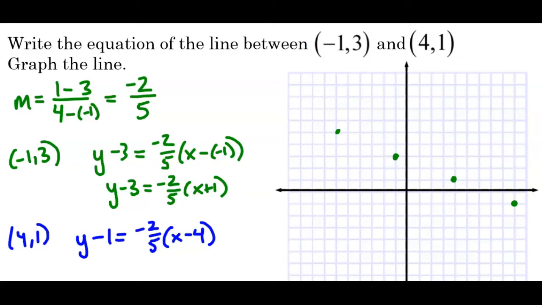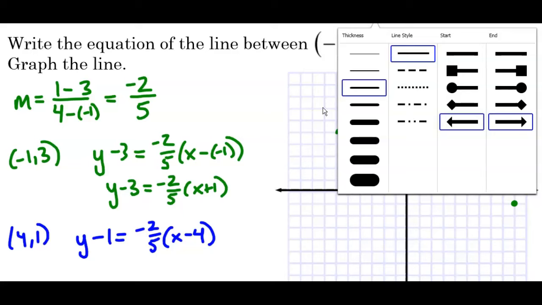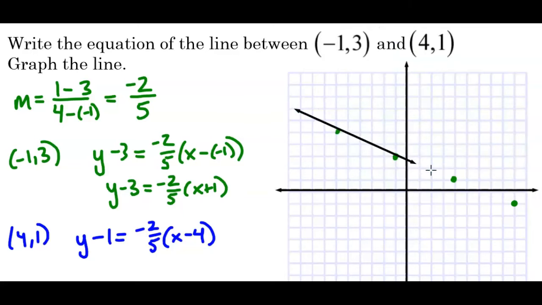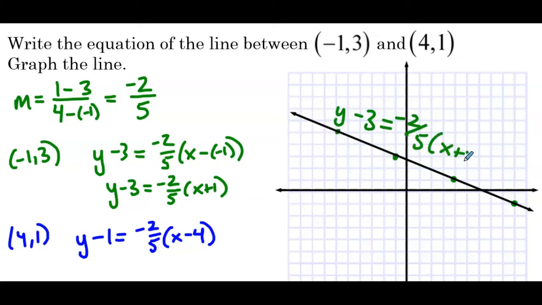We can then connect our points to create our line. So there we have the graph of, I'll write the green equation, y minus 3 equals -2/5 times x plus 1.